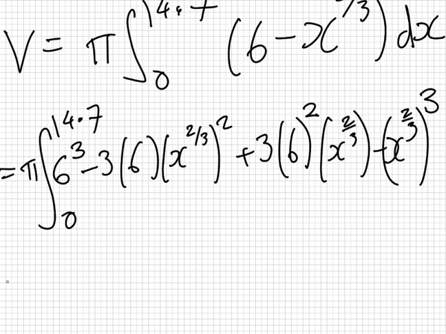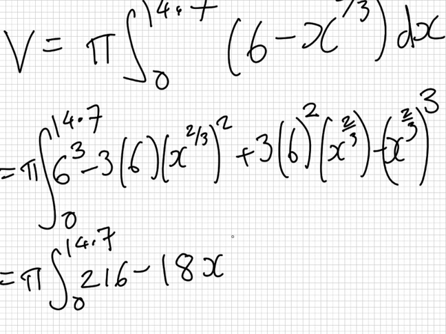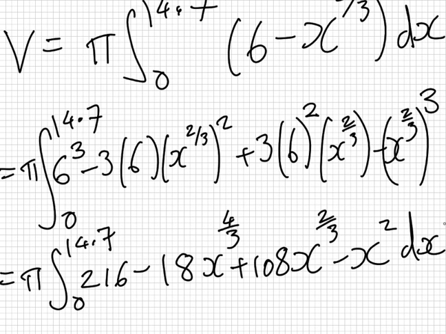Which equals pi, 0 to 14.7, 216 minus 108 x to the power 2 over 3 plus 18 x to the power 4 over 3 minus x squared, dx.